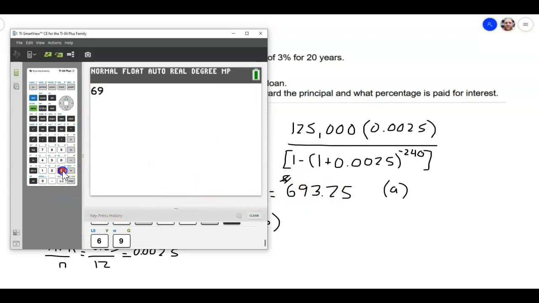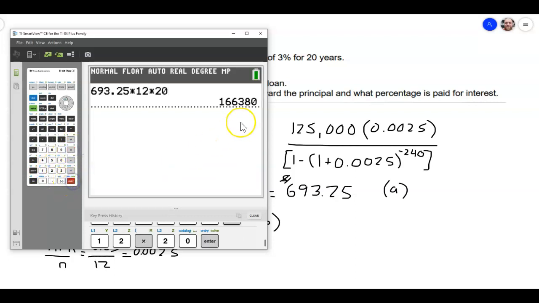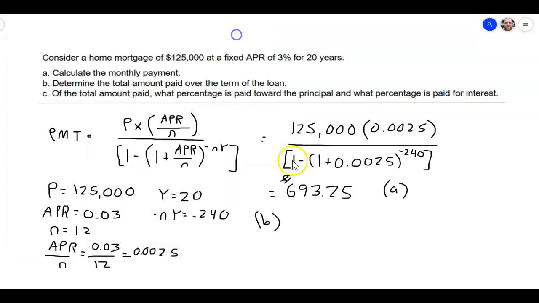So 693.25 times 12 months for 20 years, and we get $166,380. So this is the total that we're paying towards the loan.